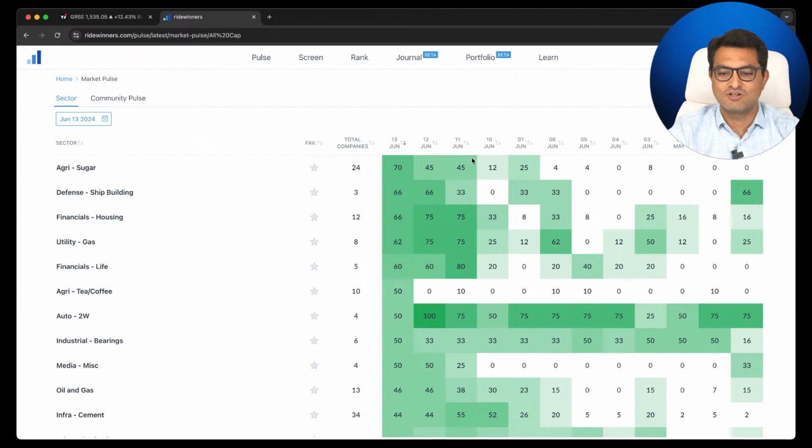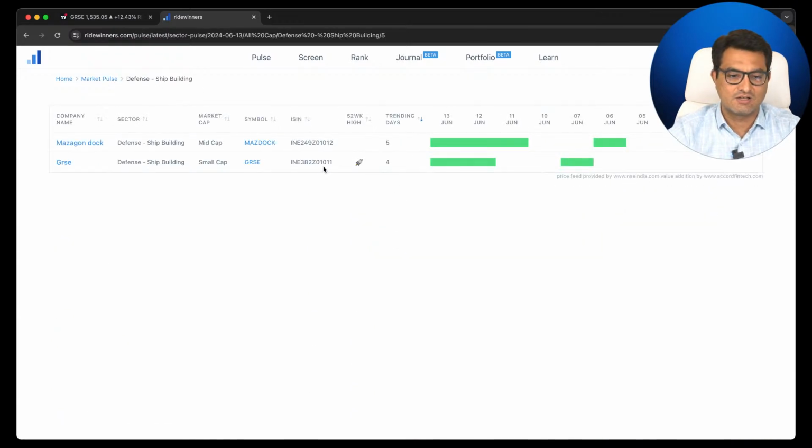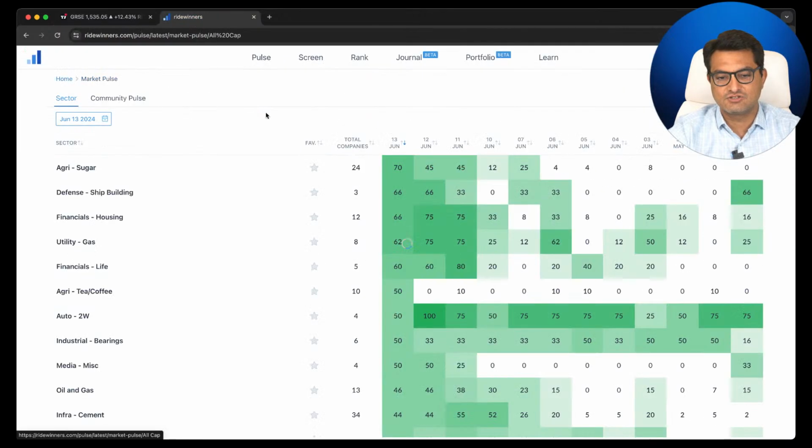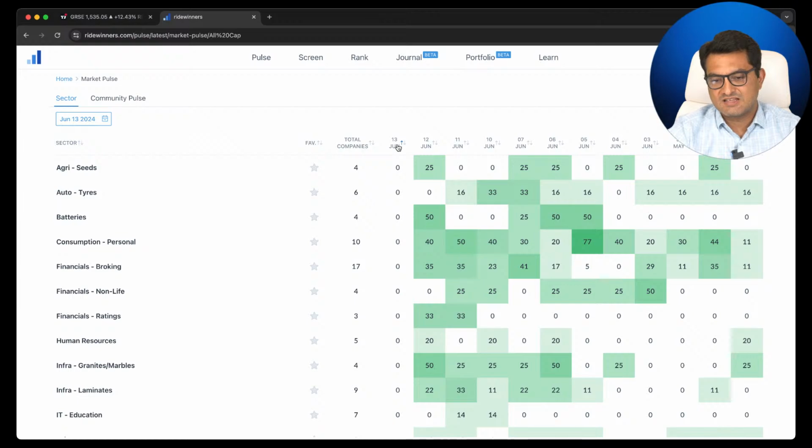From 12 it went to 45, and here from 0 it went to 33, and it was 66 yesterday itself. So all the defense stocks actually started giving a signal 2 days back, and today it actually blasted. You can see Mazdock and GRSE both blasted like crazy, up many percent. But the signals were generated even before that, slightly in advance.